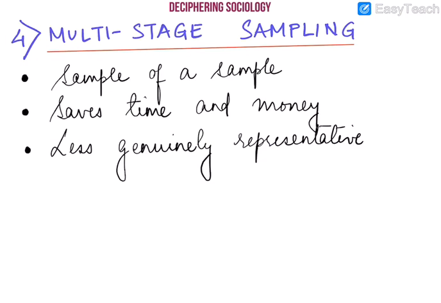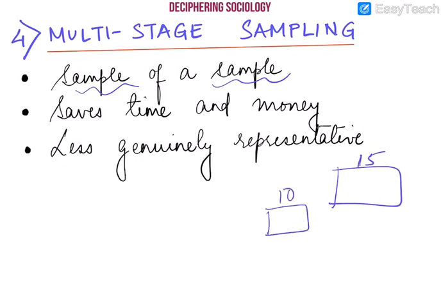The next type of sampling is multi-stage sampling. Here, a sample of a sample is taken. For example, if I have to study 15 people and I take a sample of 10 people, right? First stage. But if I don't have that much time to even study 10 people, what do I do?